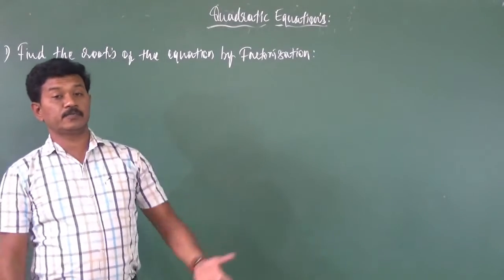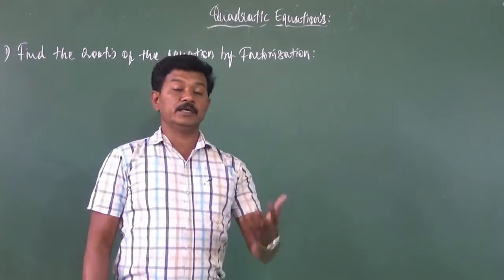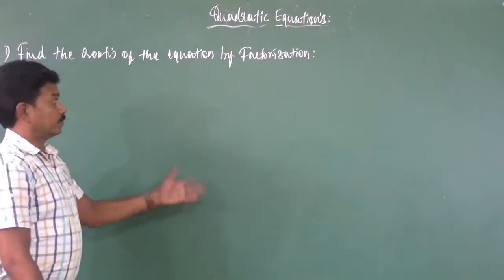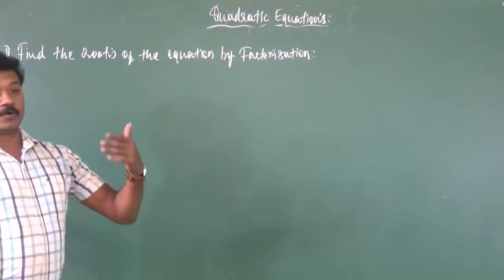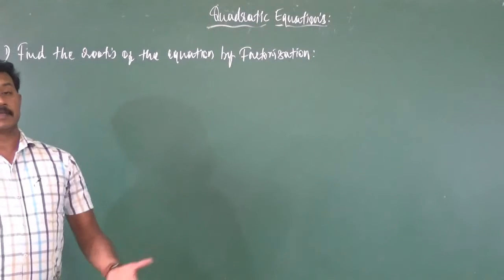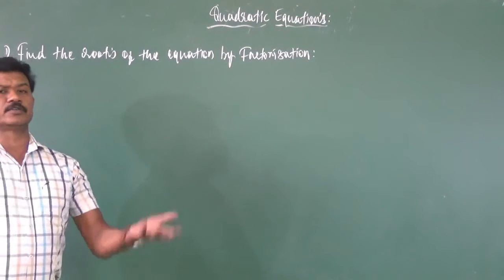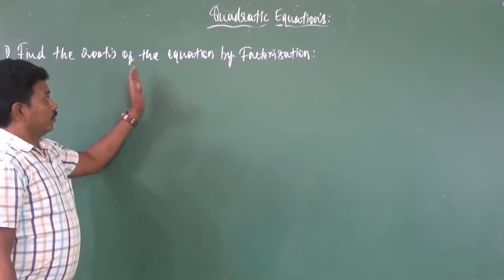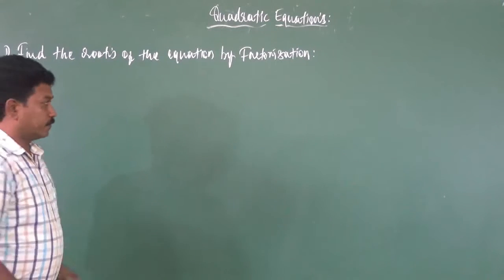If they are asking you to find the roots by using the formula, then you have to do that method itself, right? Somehow, by either the factorization method or the formula method, we get the same roots, so what is there in that? Don't think that way. Whatever method is asked, please follow that method.